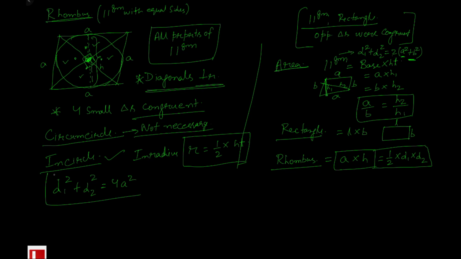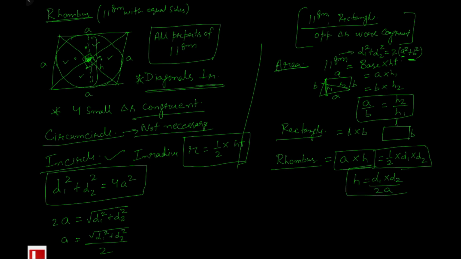Great. So there are many relations now, that is 2A is equal to root of D1 square plus D2 square. A is equal to root of D1 square plus D2 square by 2. And if I replace here, h will be equal to D1 into D2 divided by 2A, that is for rhombus.